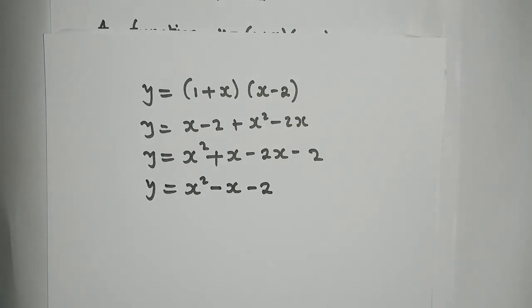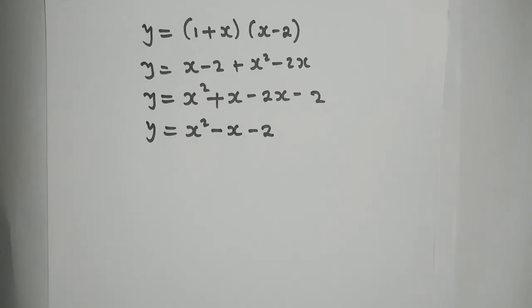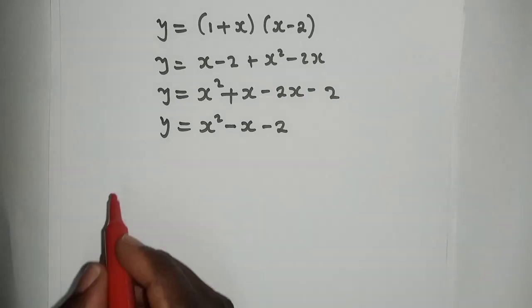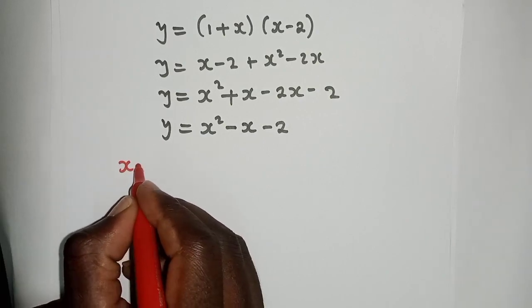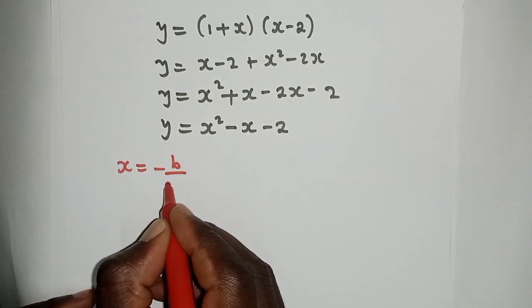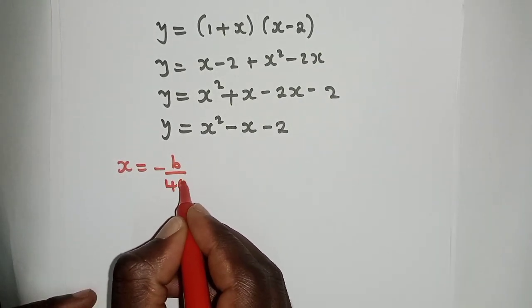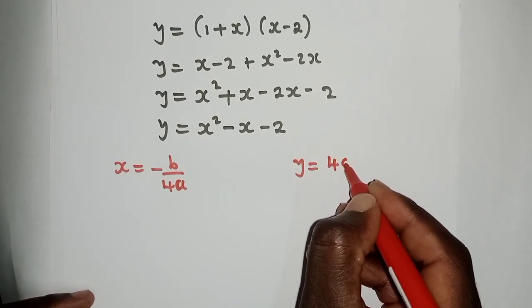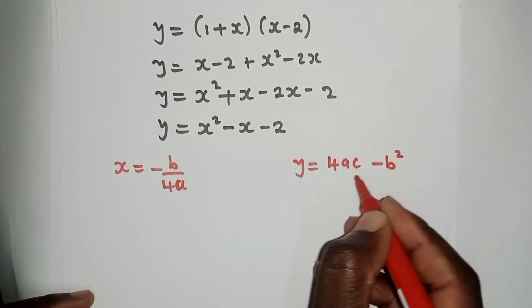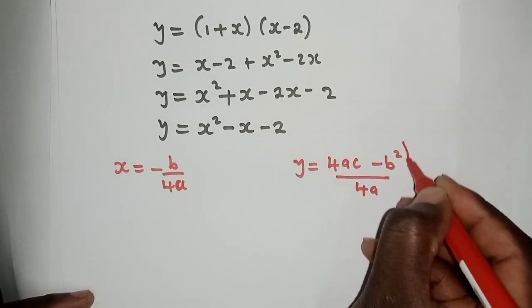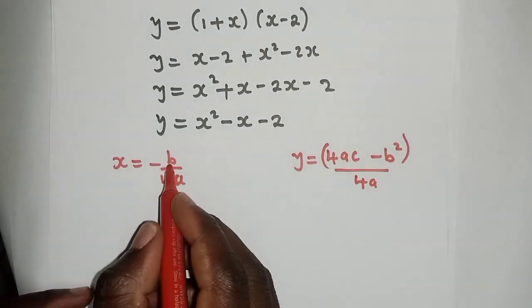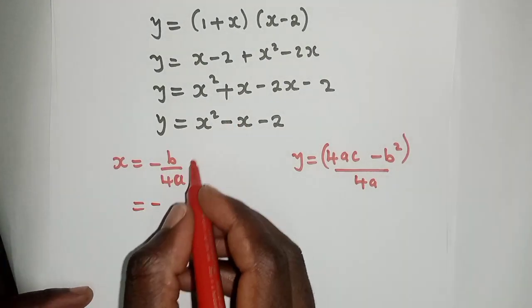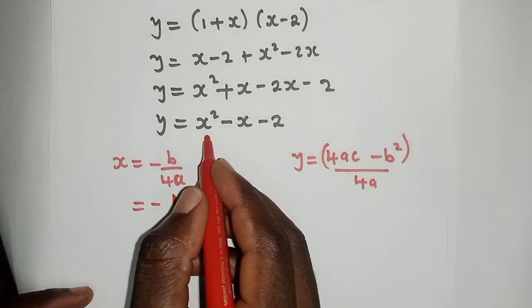Remember the formula for finding the coordinates of the turning point. So for the x coordinate we can say our a is 1, our b is -1.